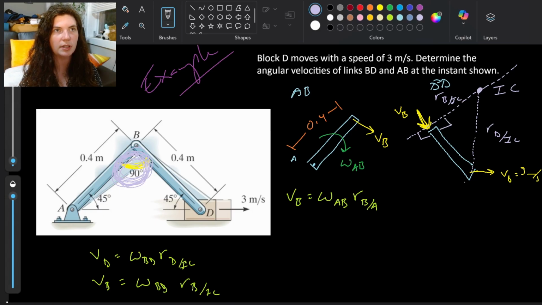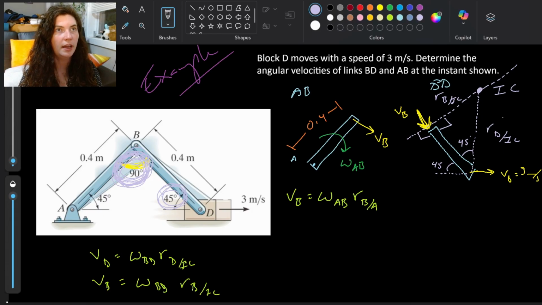And if I look at the angles by D, when I draw a straight line out for this 45 that we can see over here, that means this angle is also going to be 45 degrees. So I've got a really nice right triangle where I can find R_B with respect to IC and R_D with respect to IC with just my standard trig relationships, my sine, cosine, tangent.